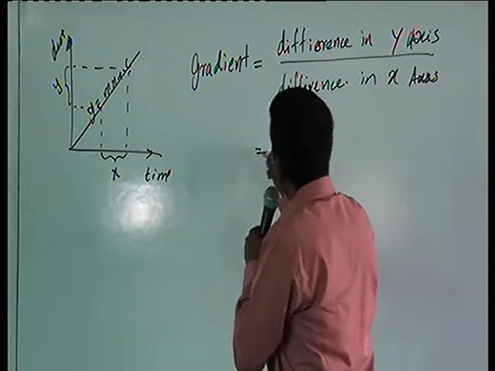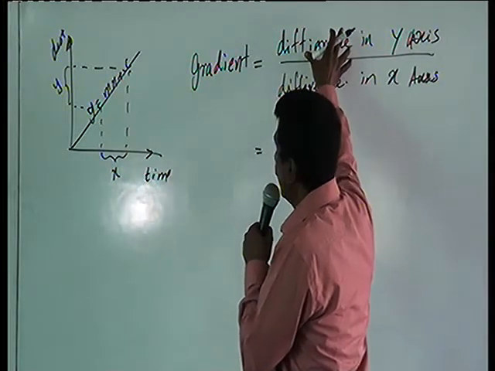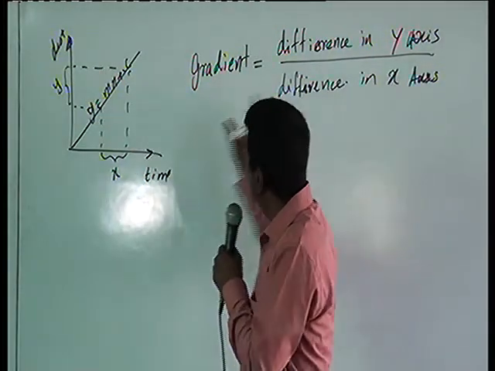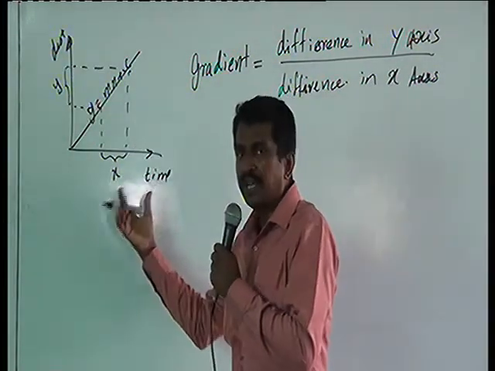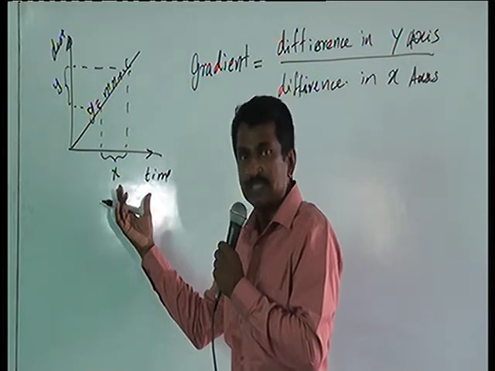So that is the gradient. Basically, what is the difference in the y-axis? That is the distance. The difference in the x-axis is the time. Distance divided by time, we know that is the speed.